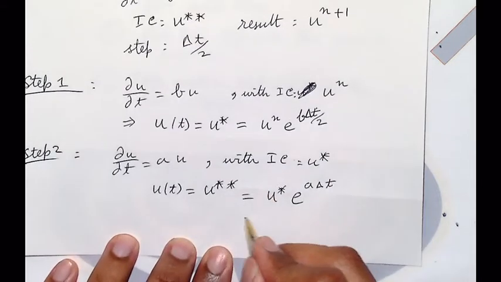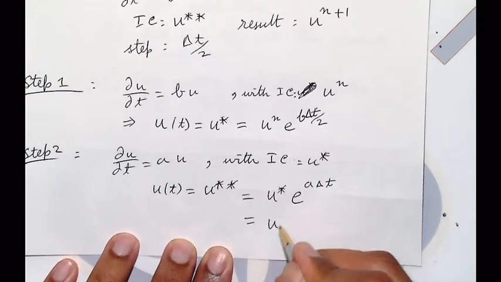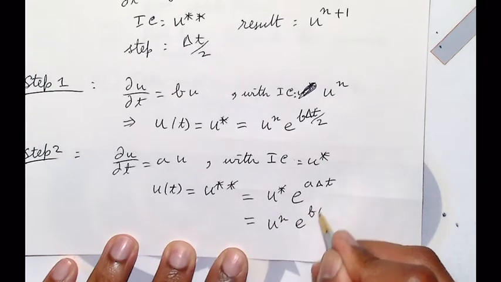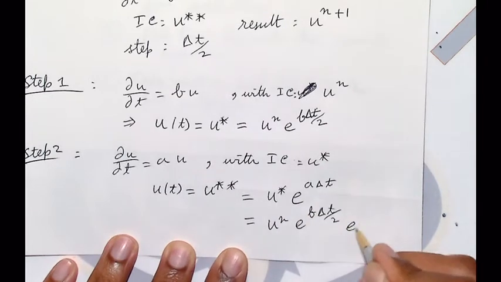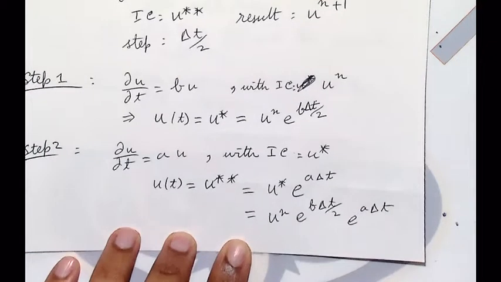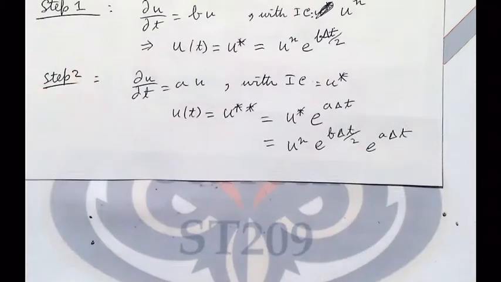Alright, so let's plug in U star, which is U^n e to the B Δt over 2, times e to the A Δt. Okay, so we're just chugging through the numbers.